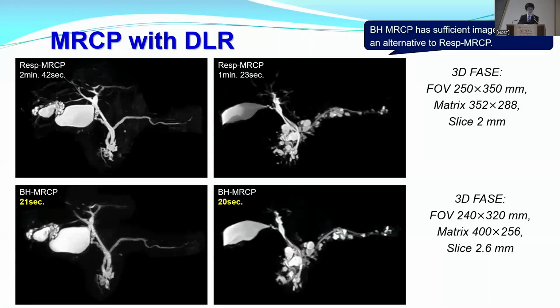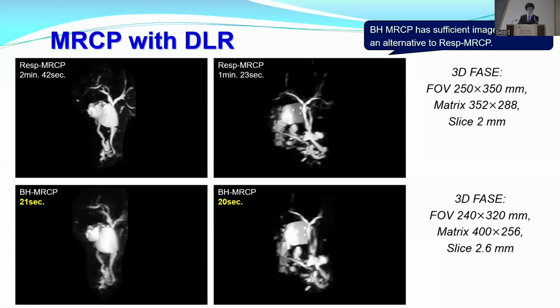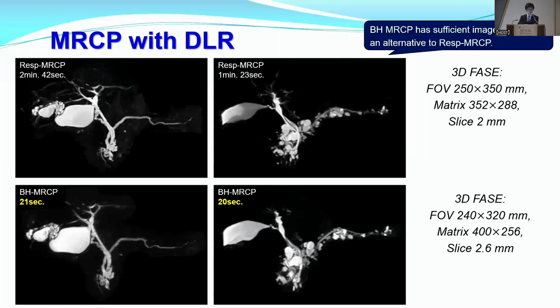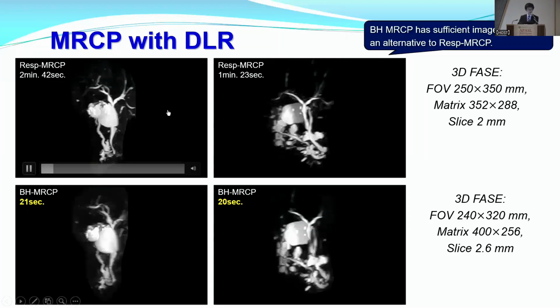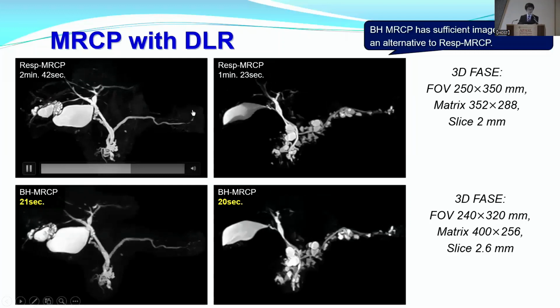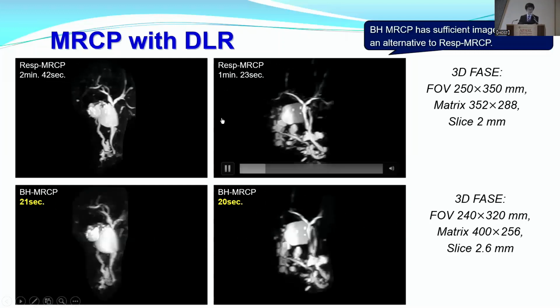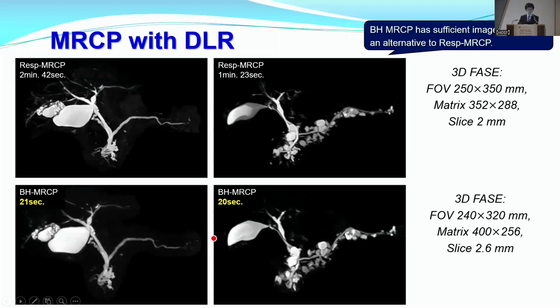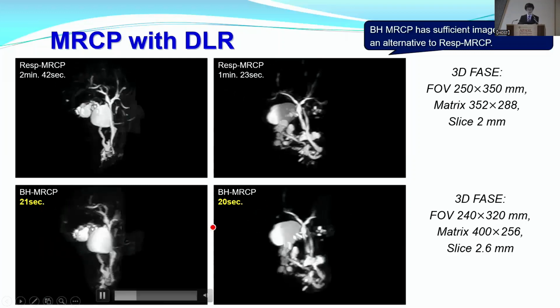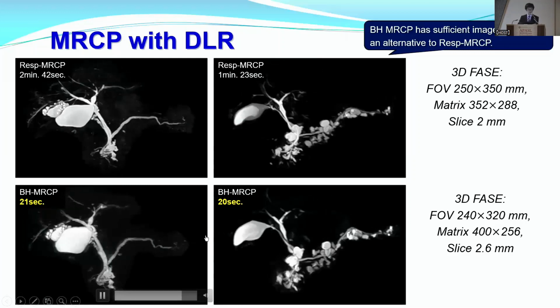So these are the MRCP sequences obtained at our institution. Upper row is images with respiratory triggered MRCP. Lower row is breath hold MRCP, obtained in 20 seconds.